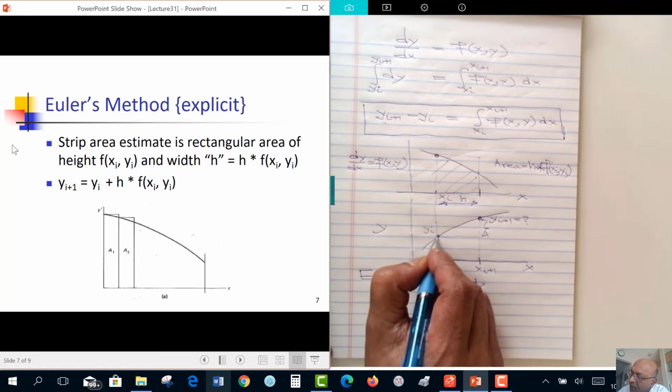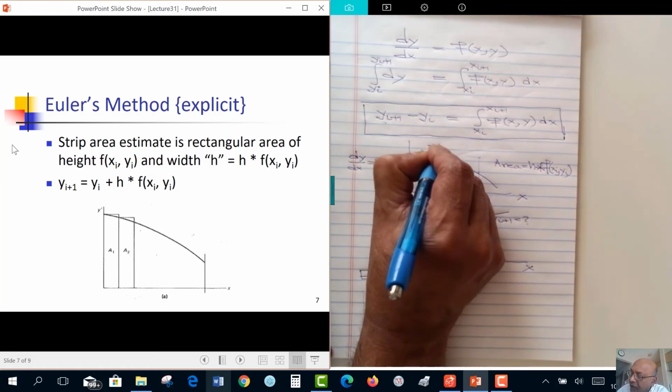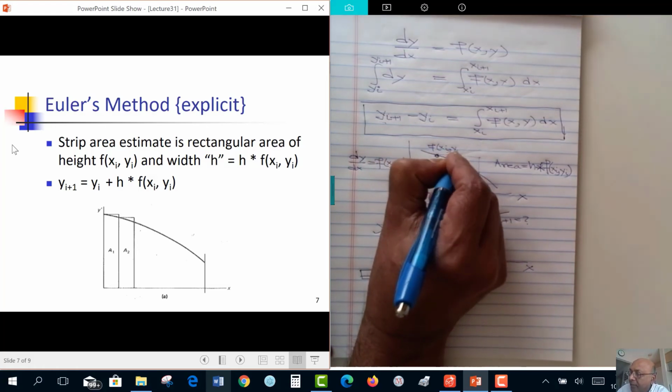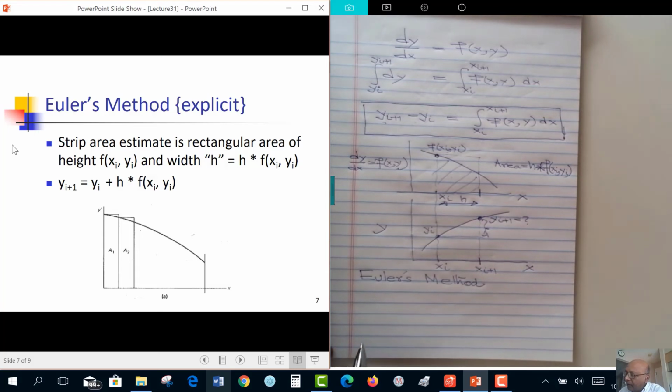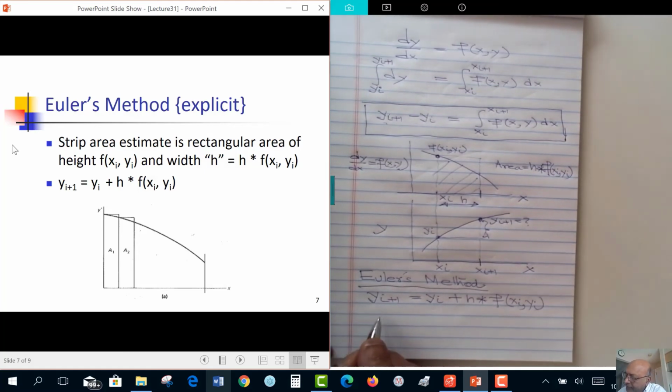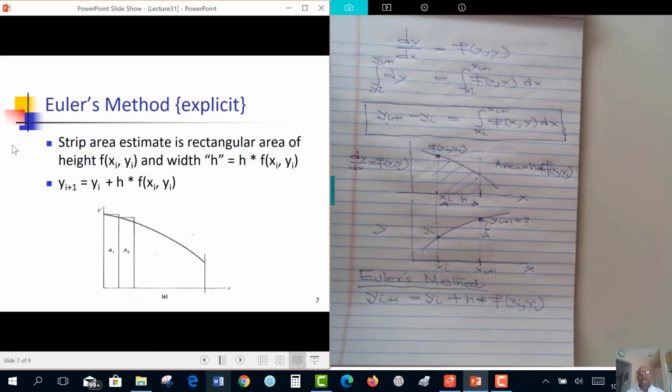So at xi, yi, this is the function at xi, yi. So Euler's method says yi plus 1 is yi plus h times the function at xi, yi. Okay.